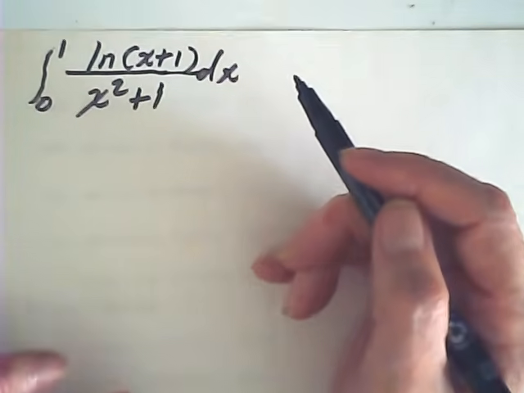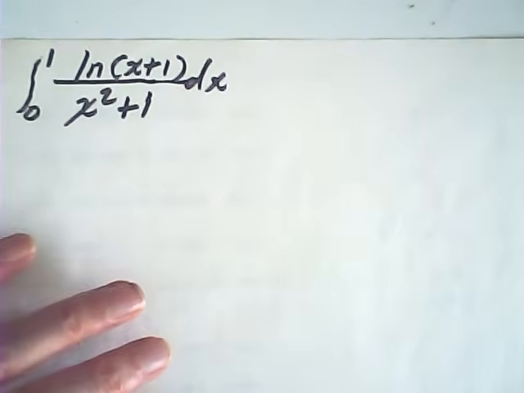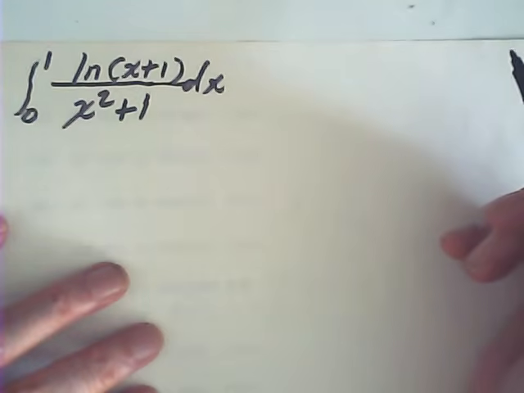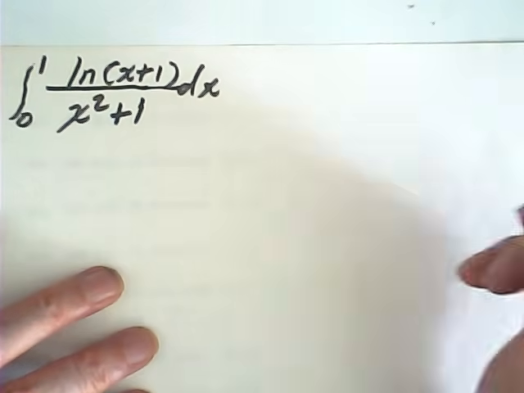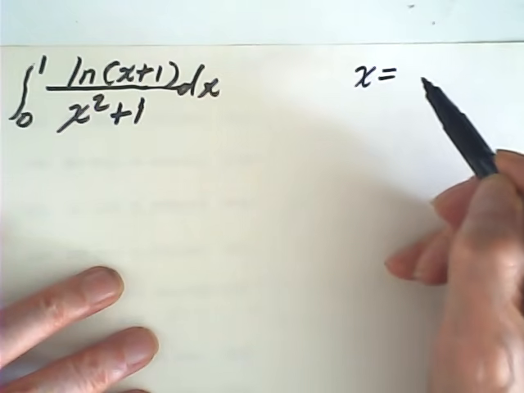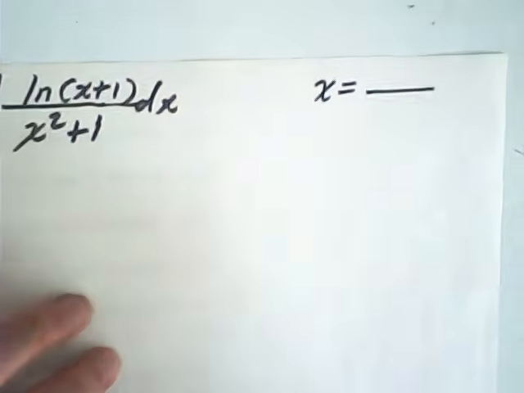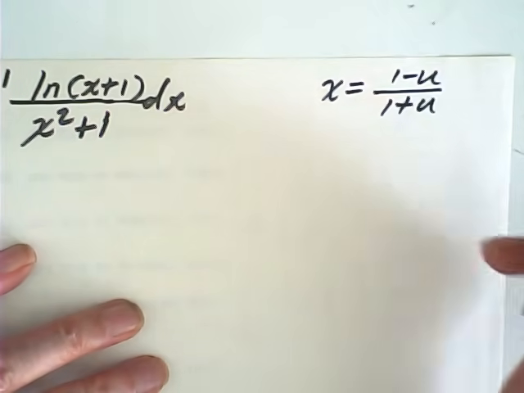The third method, method 3, starts with a substitution. Let x be (1 minus u) over (1 plus u).